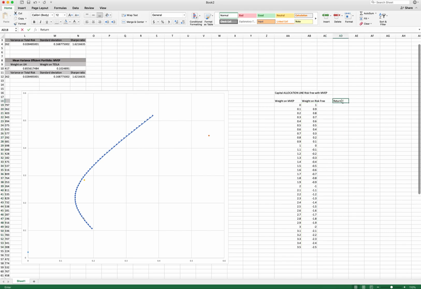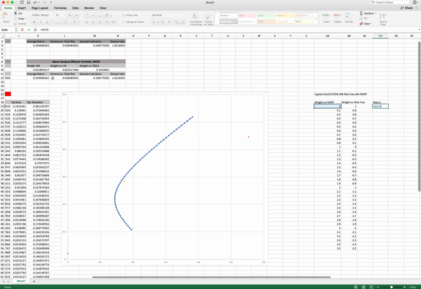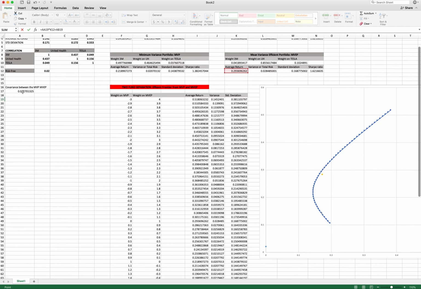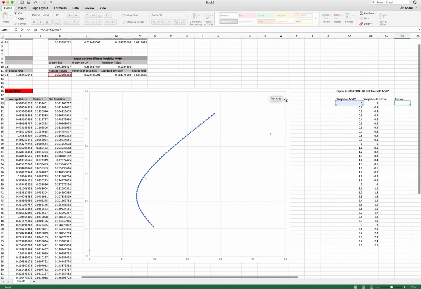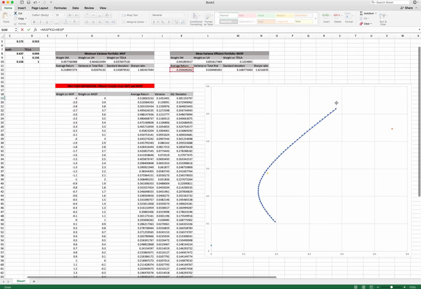The return on the portfolio is equal to what? Well, it's equal to the weight on the MVEP times the return on the MVEP plus the weight on the risk-free times the return. Oops. The weight on the risk-free here times the return.